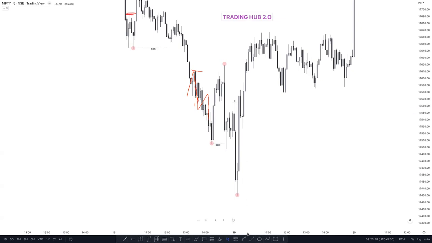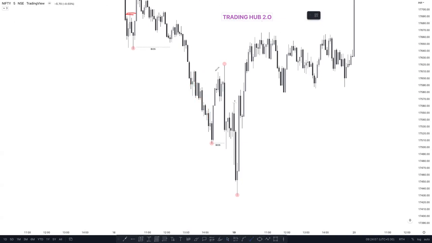Actually, if you can see here, this is a pullback, a valid pullback. And if you know, a valid pullback is identified in a bearish market when a candlestick breaks the previous candle high. In a bullish market, it is when a candle breaks the previous candle low. So in this case, you can see the market broke the previous candle high at this point, which you marked also.